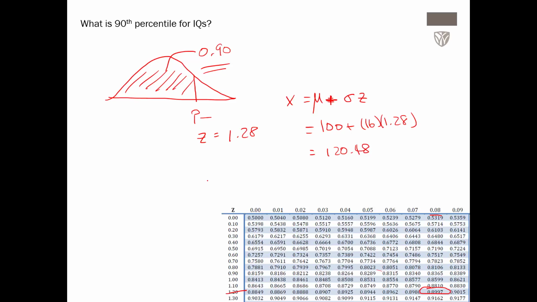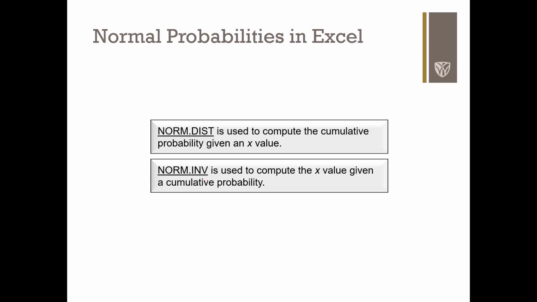Now, we've had to do a lot of manipulation with these tables in order to take normal distributions and make them look like standard normal distributions. But it turns out that it's much more computationally simple now to compute directly the values for normal probabilities. And Excel has functions called the norm.dist function and the norm.inv function that will allow us to compute these cumulative probabilities directly for any normal distribution with any mean and any standard deviation.